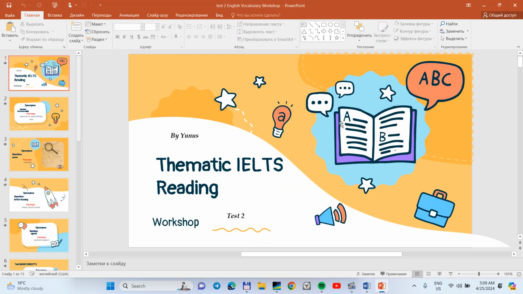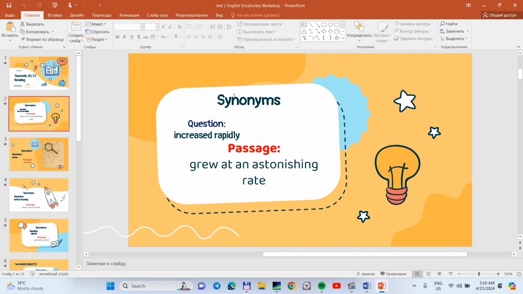Okay, let's get started. As a tradition, we are going to learn synonyms taken from the test. So the question says increase rapidly, and the passage says grew at an astonishing rate. It is the synonym of that.